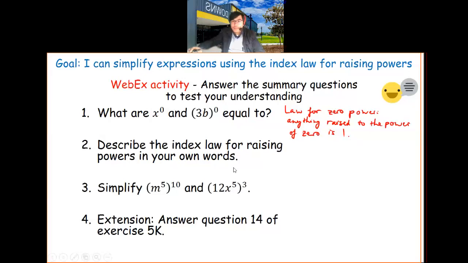Therefore x to the power of 0 is equal to 1, and this whole thing, which can be a big expression or just something like that, 3b, all of this raised to the power of 0, is going to be equal to 1. So Larissa got the correct answer there. Well done, Larissa.